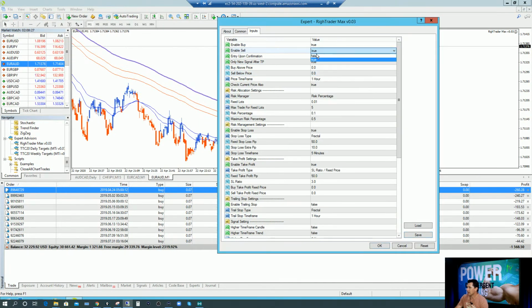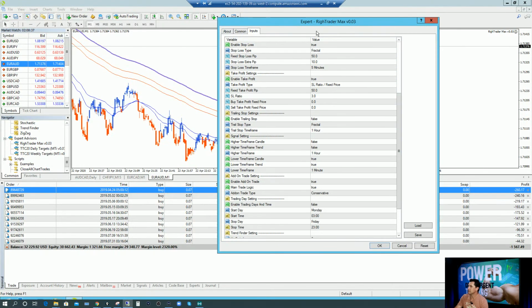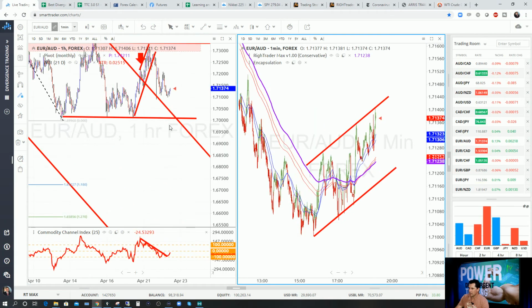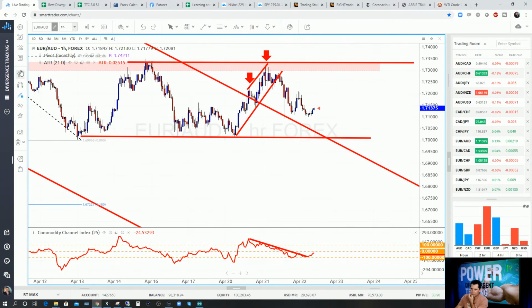Alright, so I'm going to go ahead and sell only on this. I'm setting it to sell only. And I'm going to look at where the profit taking level is going to be. If I go to the daily, for the day, I don't want to limit myself to this level right here, because that's only like 112 pips or so.